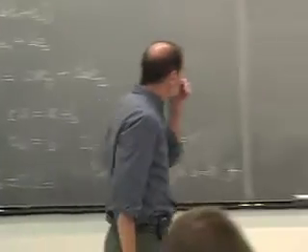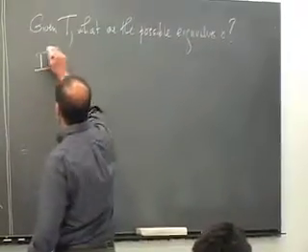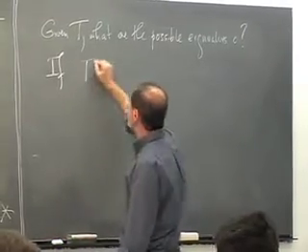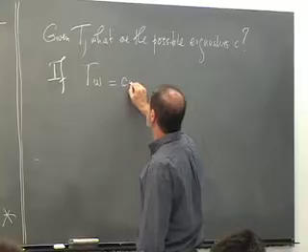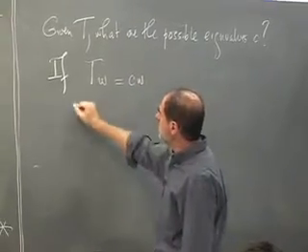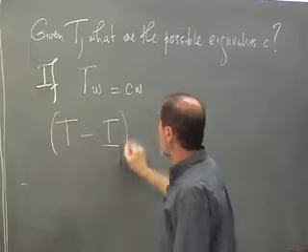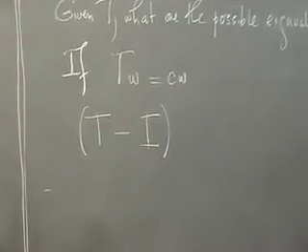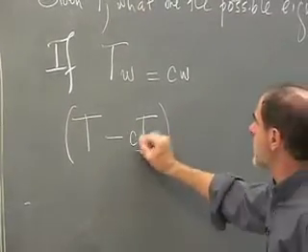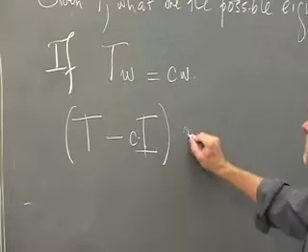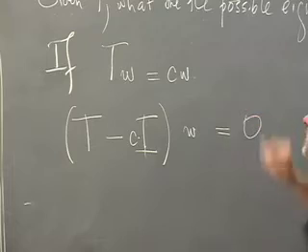So the way you think of this is, if T of W is equal to C times W, and you consider the new operator T minus C times the identity operator. The identity operator takes every vector to itself, and you multiply the identity by the constant C, so that takes any vector to C times itself. And you apply that to the vector W, you get 0.